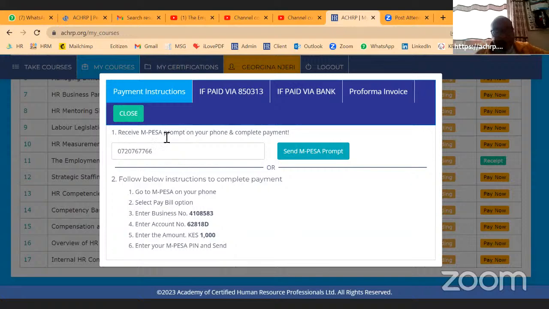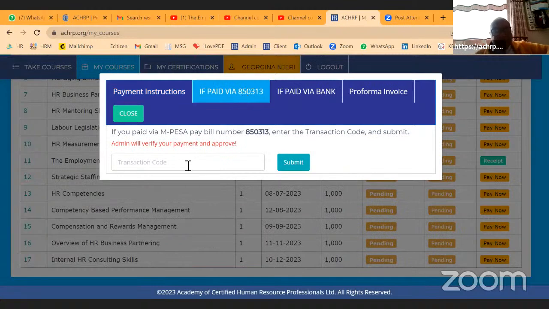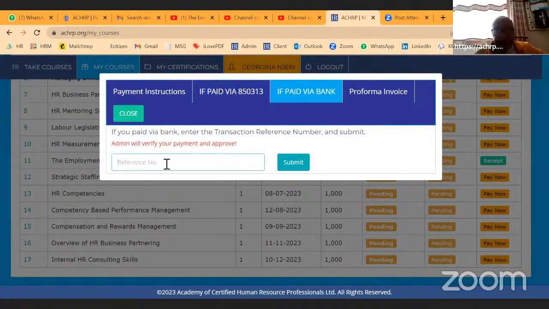You can actually receive an M-Pesa prompt on your phone by clicking said M-Pesa prompt. If you had paid to our previous pay bill, you just enter that transaction code there and submit. If you had paid via bank, again, you do the same. You click that, the reference number there.